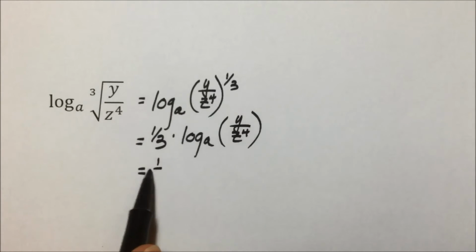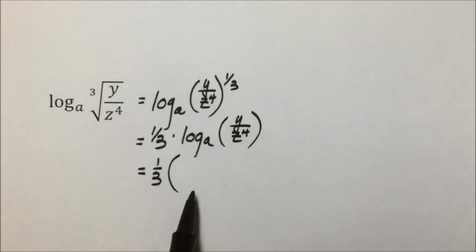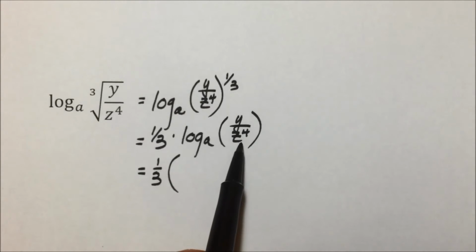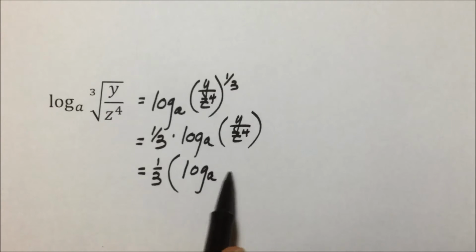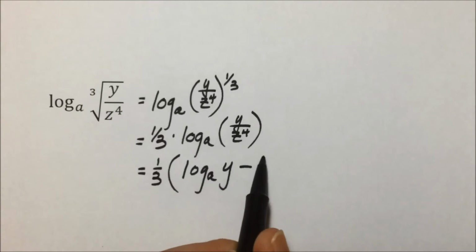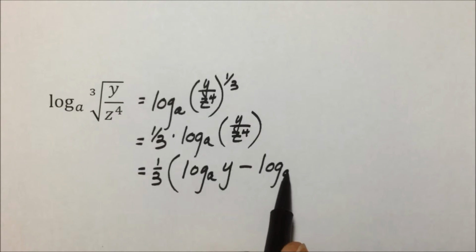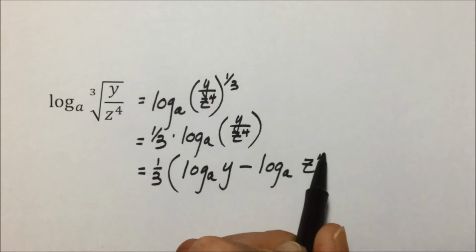Simplifying further, we have 1/3 times the quantity. We have a quotient, and for a quotient, an equivalent expression would be to take the log of the numerator minus the log, of course the base stays the same, of the denominator.